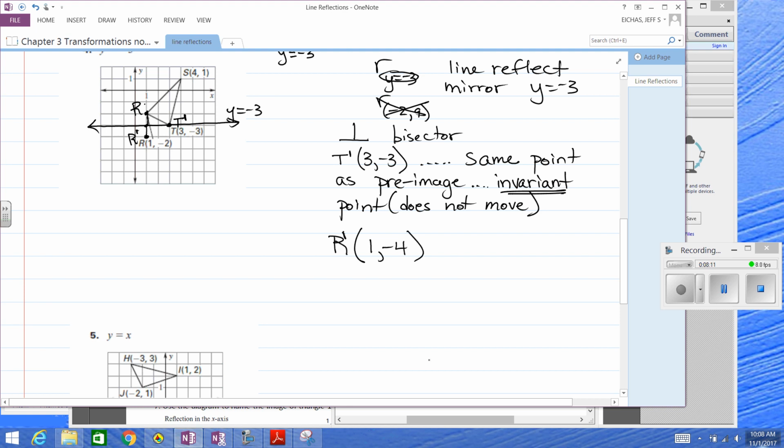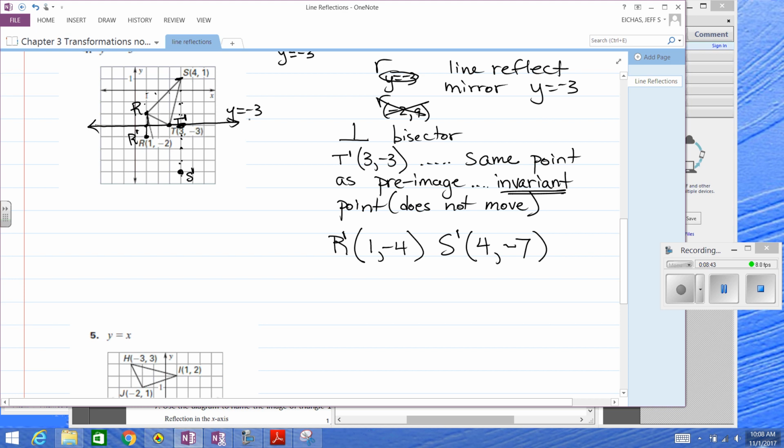And then S prime, that's up here. 1, 2, 3, 4 away. 1, 2, 3, 4 away. Now this seems really easy, these line reflections, and I'll explain in a minute why they are. 1, 2, 3, 4, and negative, looks like -7.